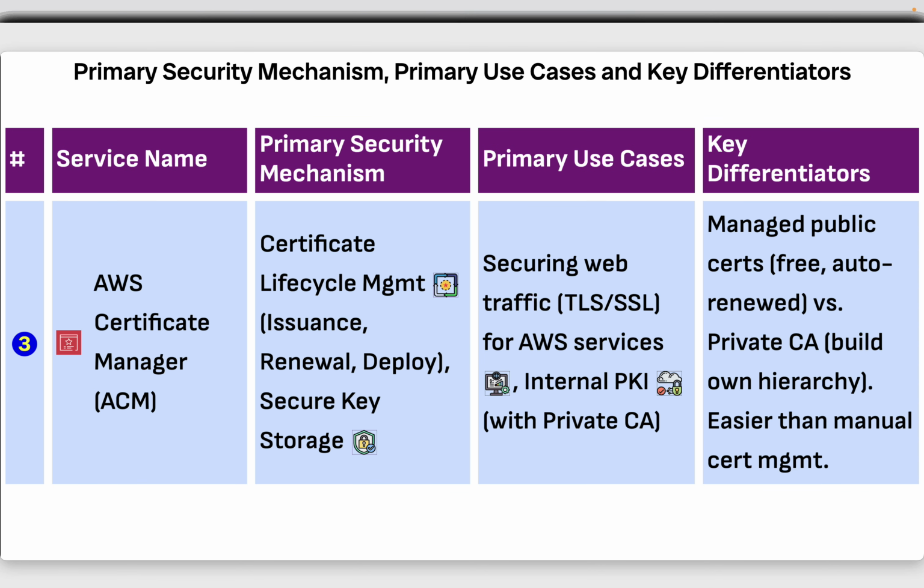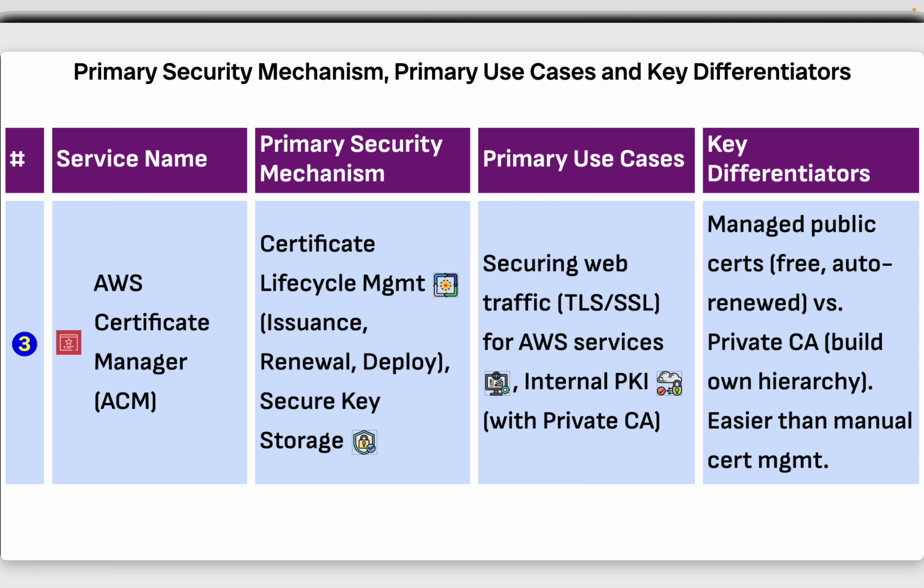Next we have AWS Certificate Manager, ACM. The primary security mechanism is certificate lifecycle management that includes issuance, renewal, and deployment, and it provides secure key storage. Primary use cases are securing web traffic like TLS/SSL for AWS services, and internal PKI along with a private certificate authority.